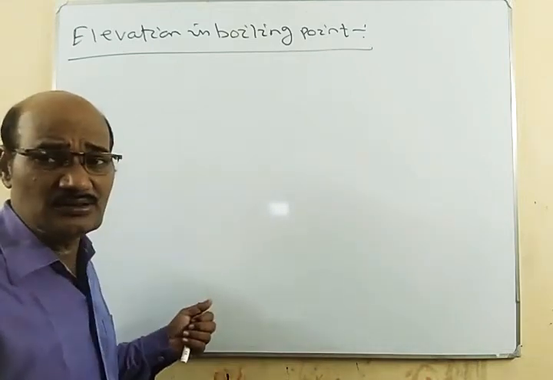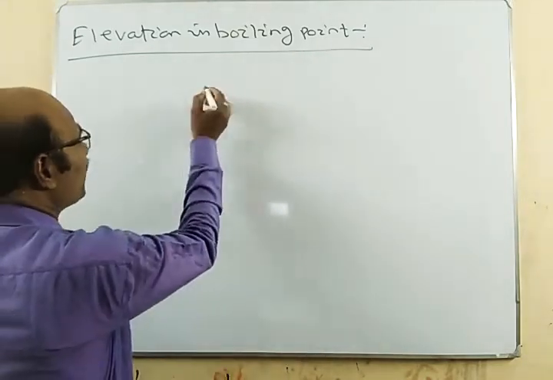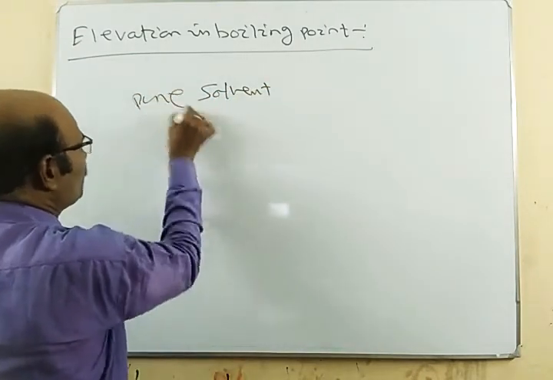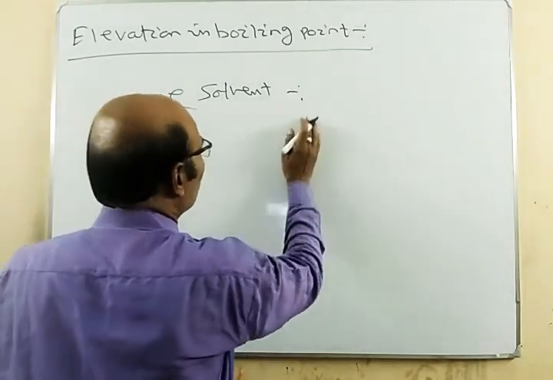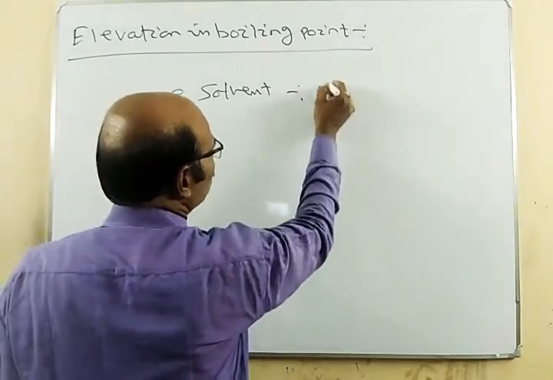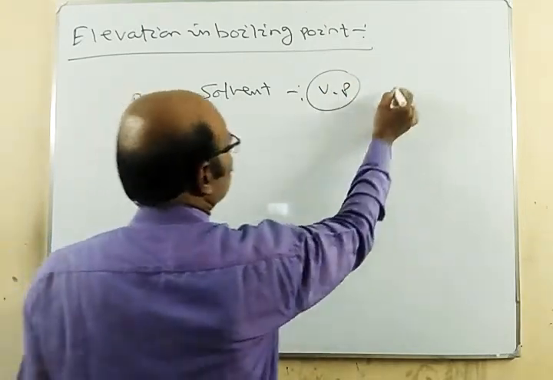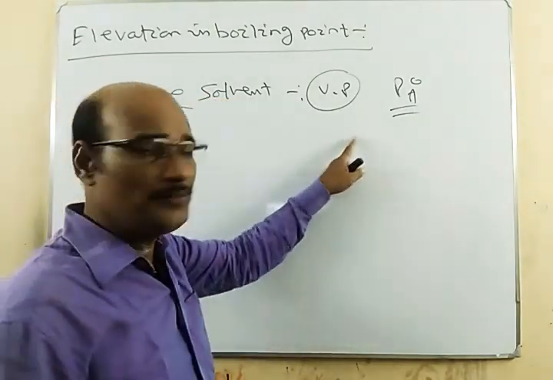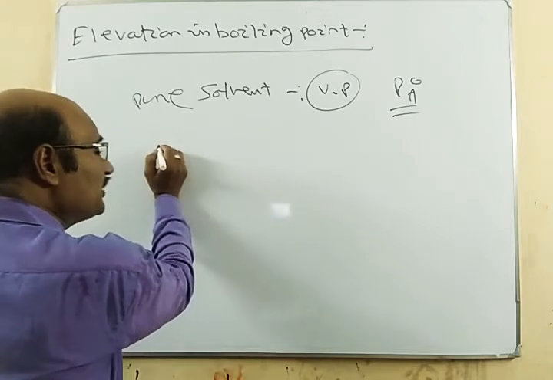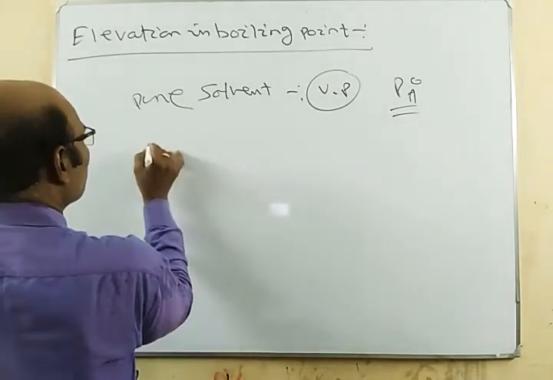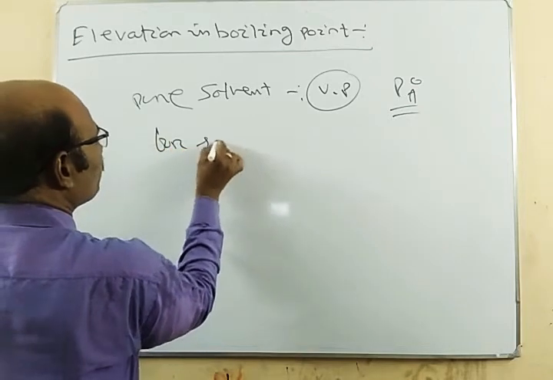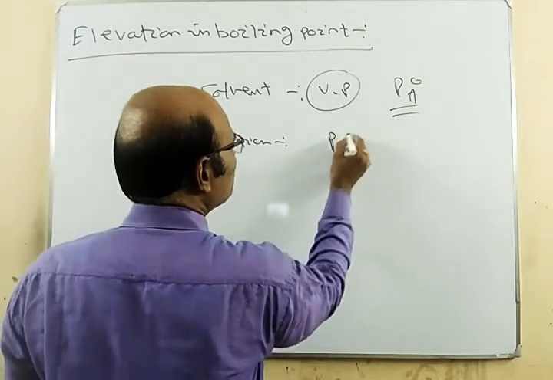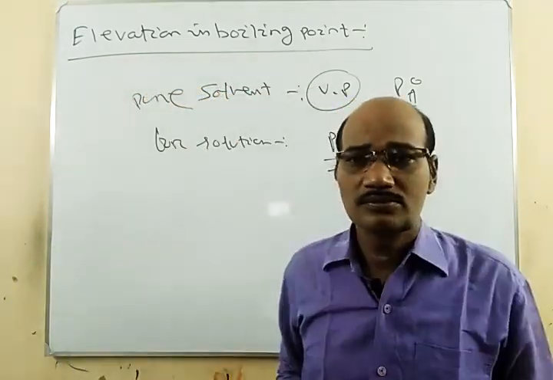Now already we discussed in the last class that the pure solvent has a boiling point and a vapor pressure, say PA0, for the pure solvent. Okay, now when we prepare the solution, already we discussed in the last class, for the solution the vapor pressure is PS.